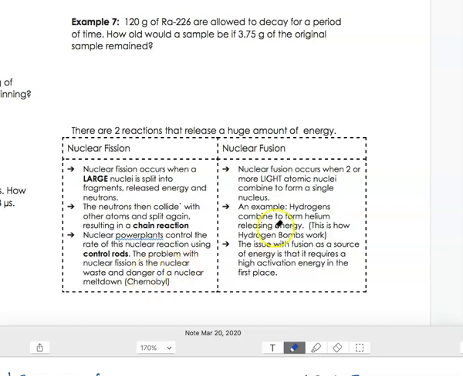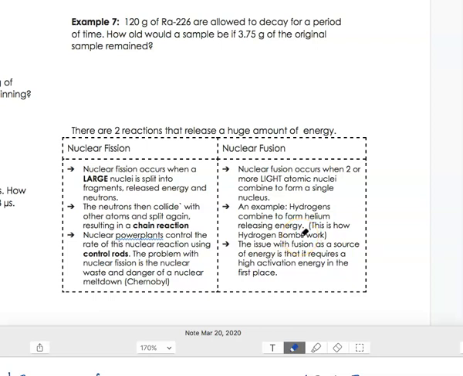And nuclear fusion is another type of reaction. It's basically when you combine hydrogens and you form helium and it releases a burst of energy. That's basically what the sun does. However, us in the US, we actually built a hydrogen bomb, and that is the process that is used within the bomb, where hydrogens form helium and they release the burst of energy, and then it could be used as a bomb.